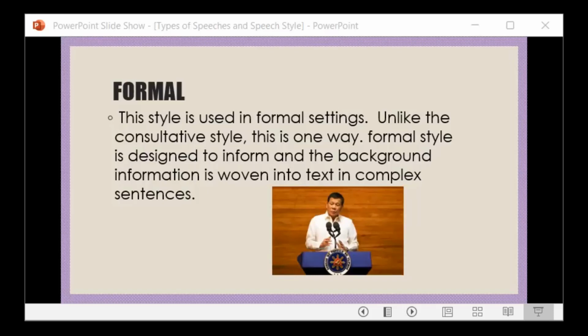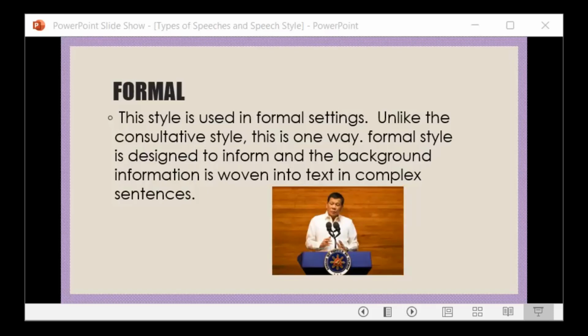This type of speech style is also used in situations where the speaker is unsure of receiving a favorable response. Examples of this are announcements, the State of the Nation address of a president of a certain country, or welcome addresses, and many more.